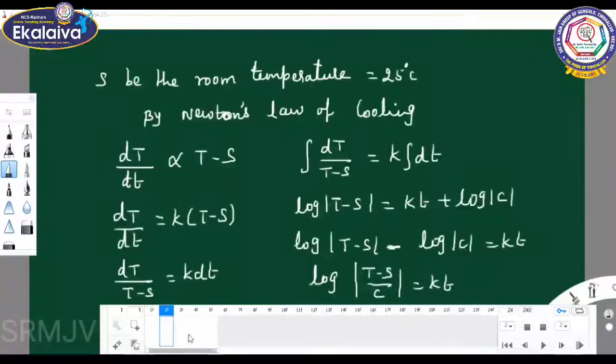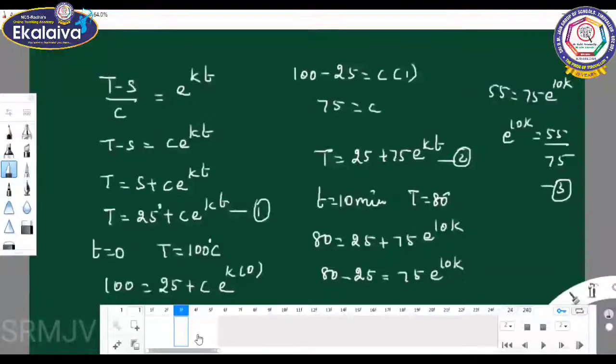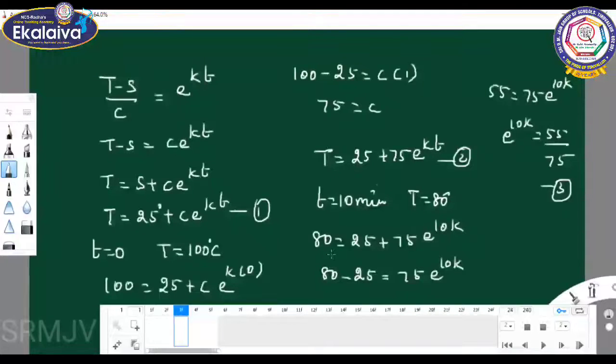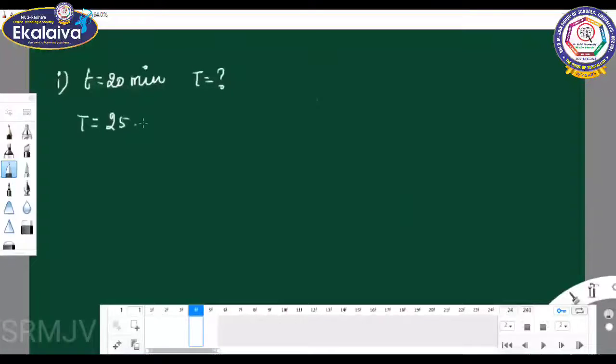So when t equals 20 minutes, substituting, temperature equals 25 plus 75 e power 20k.